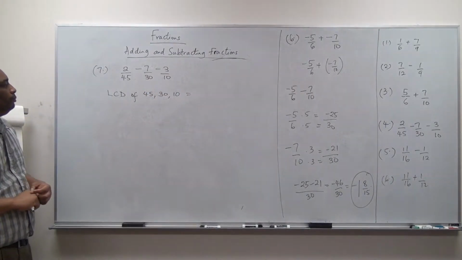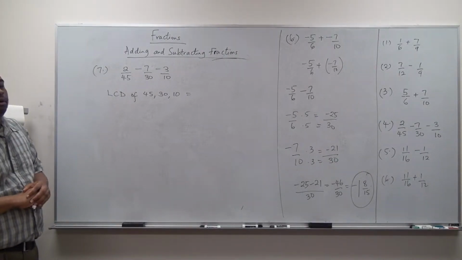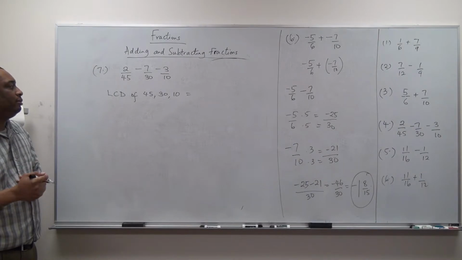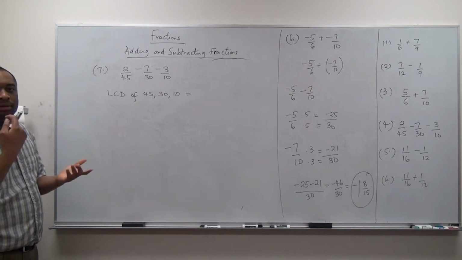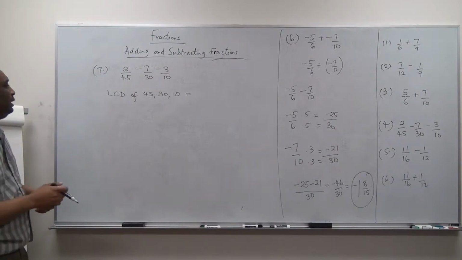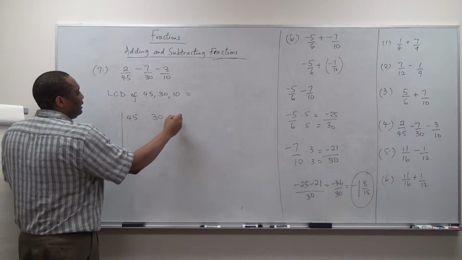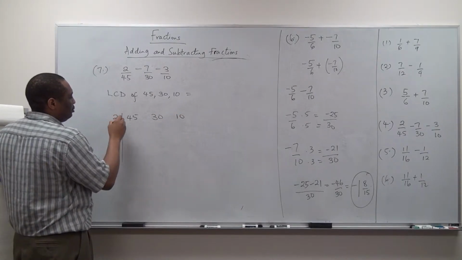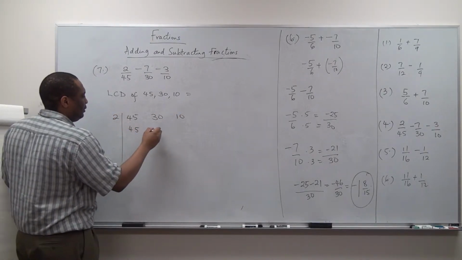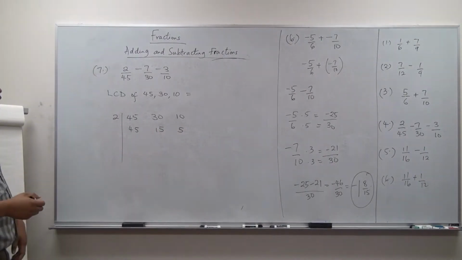What do you think the LCD will be? We have to find out. If you go to the video segment that I did on the LCD, of course I would do this real fast. LCD. Now we can start with 2, right? This is 45, 15, 5. 2 can go again.